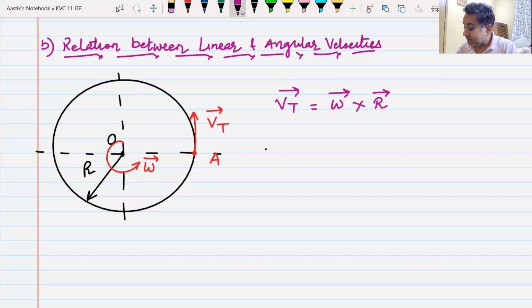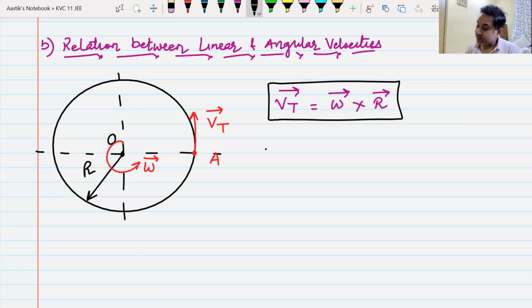It is the cross product of omega with r. Vt is your actual vector, the vector that we have learned. This omega is a different type of vector. Whenever we talk about vector angular quantities, these are a different type of vectors which are known as axial vectors.